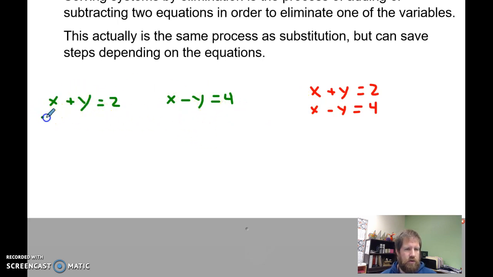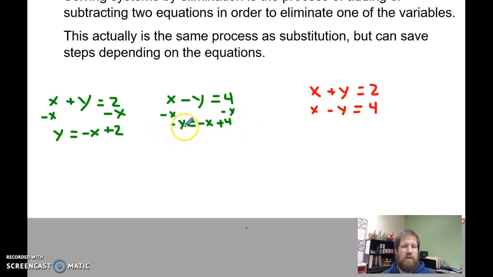So I'm going to subtract x over here to get my y by itself. Y is going to equal negative x plus 2. And then for this one, I'm going to have to subtract x. And then I have negative y equals negative x plus 4.